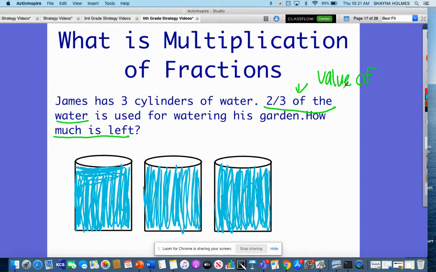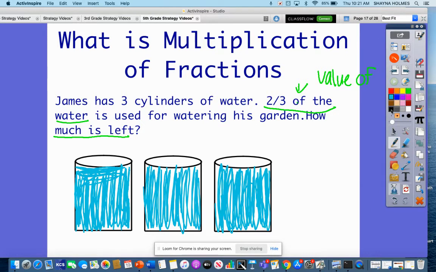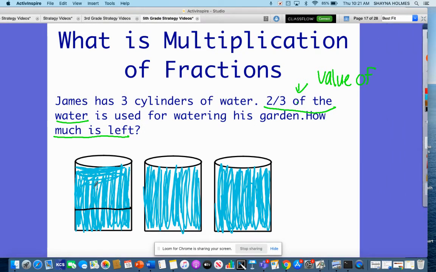Okay, so it says 2/3. So this tells me that I'm going to break this into thirds so that I can better understand the problem.